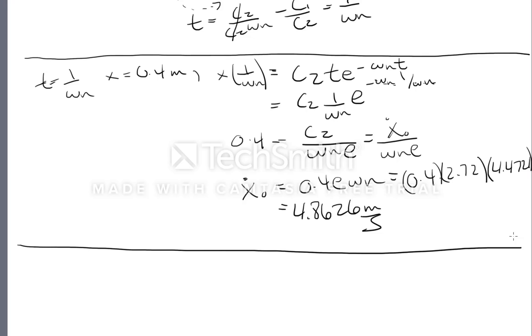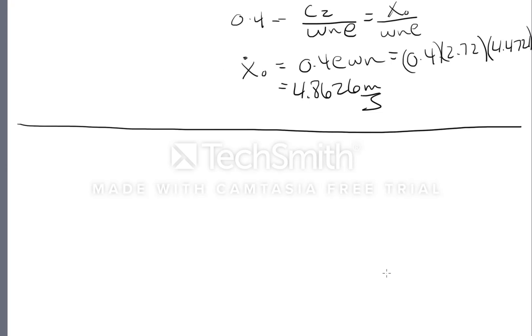Okay, so the last question is, at what time does the cannon return to 0.1 meters per second? So the unknown time, we'll call it t2, is equal to 0.1 equals C2 t2 e to the negative omega n t.